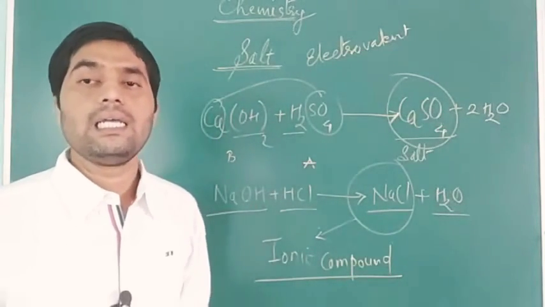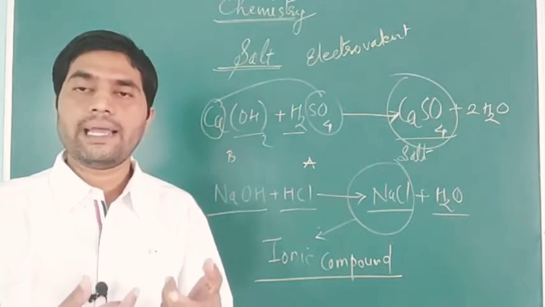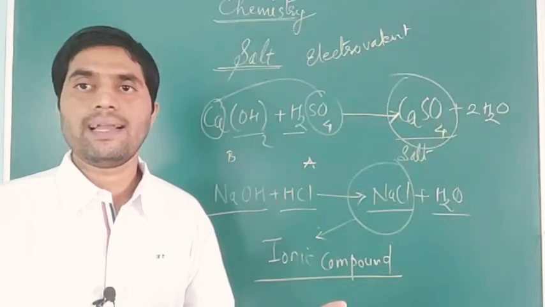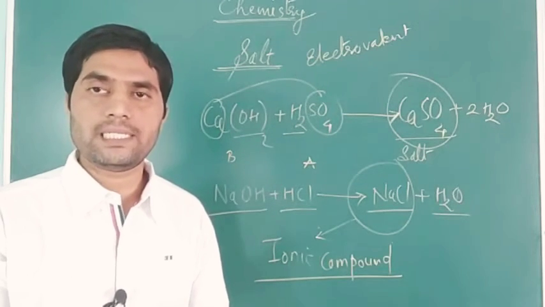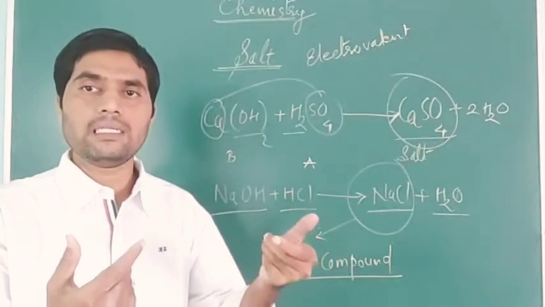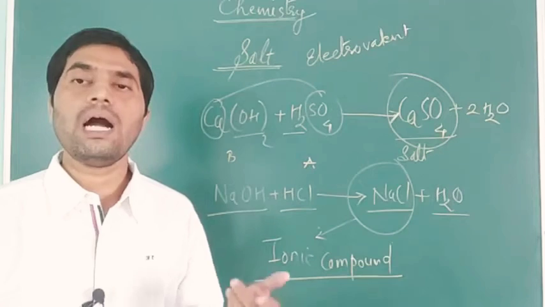Ionic means that if we break the salt, it can be divided into two parts, cation and anion. Cation is a positively charged species and anion is a negatively charged species. These two ions combine together and again give a salt or ionic compound.